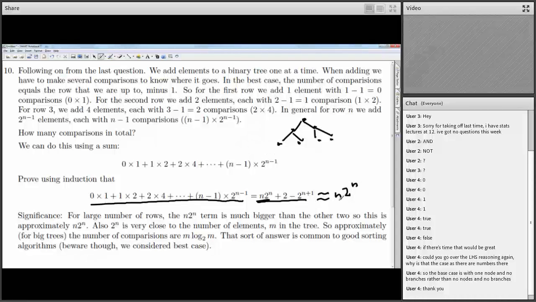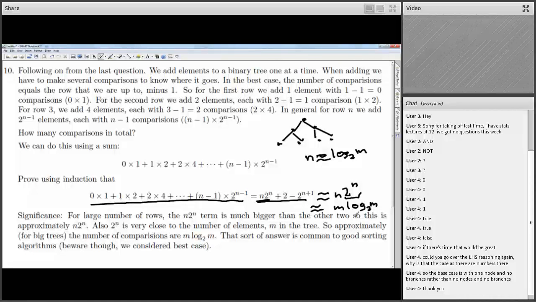And as I said before, the number of rows is approximately equal to log base 2 of the number of elements in it. So if you plug that in here, 2 to the power of n is going to be about m, and n would be approximately equal to log base 2 of m.